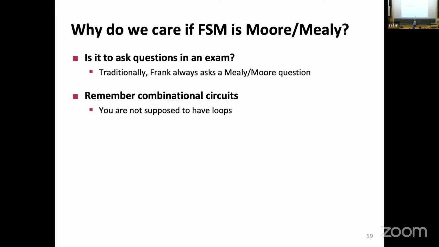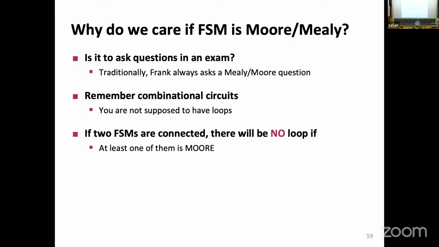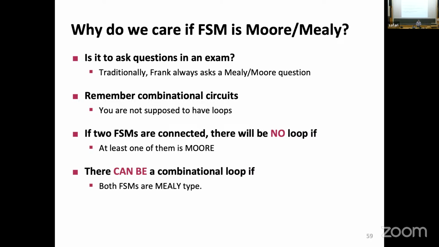If you remember the combinational circuits, you are not supposed to have loops. Remember that? What's a combinational circuit? No loops. Now, if you have 2 finite state machines that are interconnected, if one of them is Moore, there will never be a combinational loop. But if both of them are Mealy, there is a chance that you can have a combinational loop.